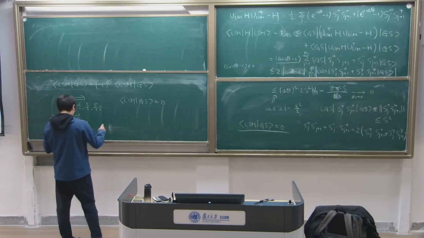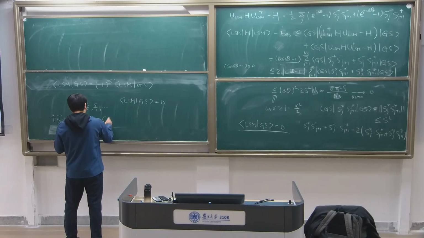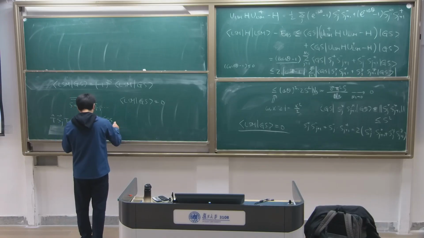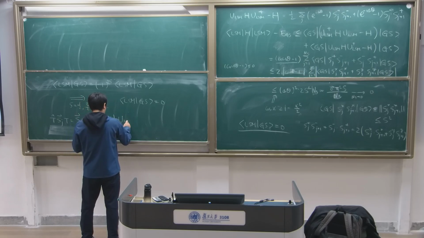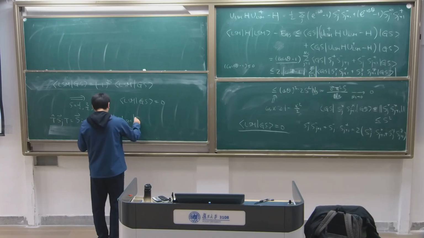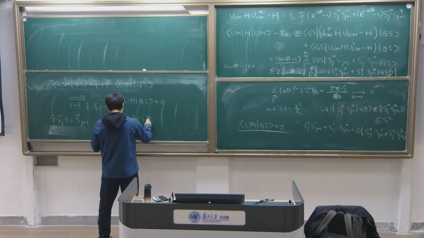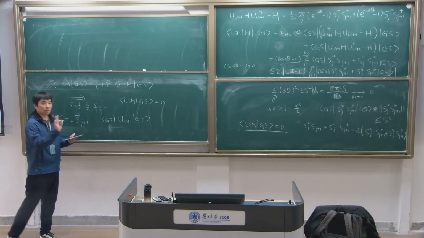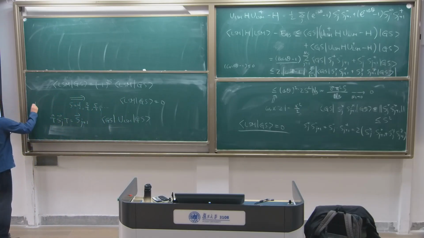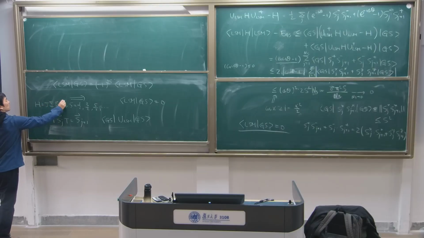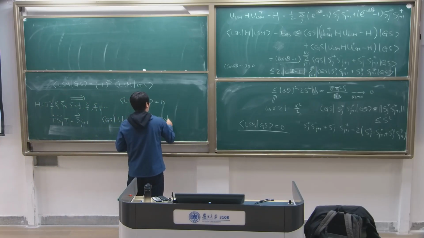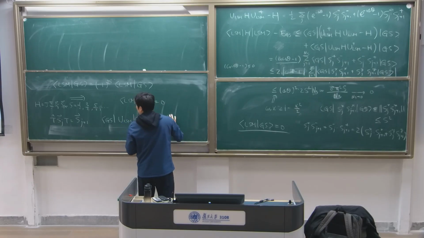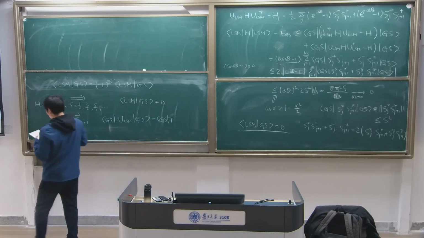Since the ground state is translation invariant, with the Hamiltonian being the sum over J of S_J dot S_{J+1}, the ground state is equal to the translation operator acting on the ground state.